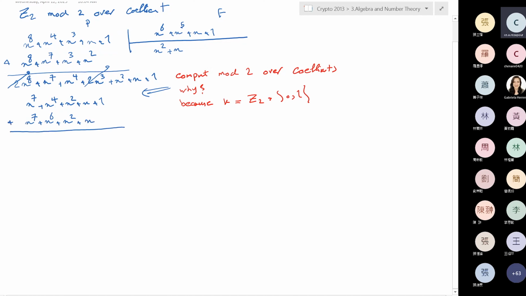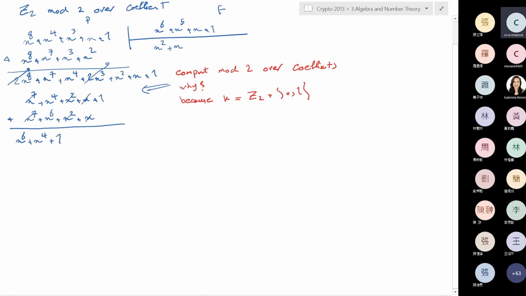If we add them together, x^7 and x^7 cancel because we get 2x^7, and mod 2 becomes 0. I am left with x^6, and these two also cancel, so I get x^4 + 1. And then we have to continue.